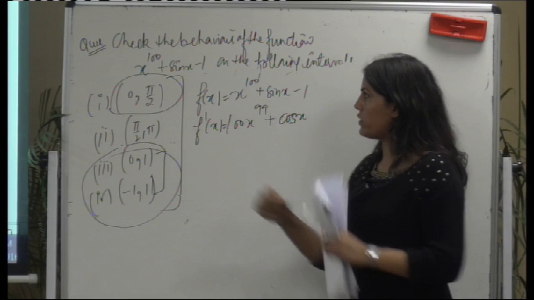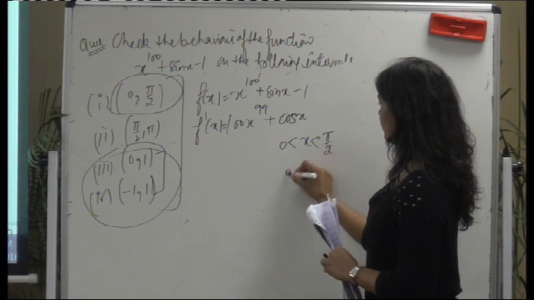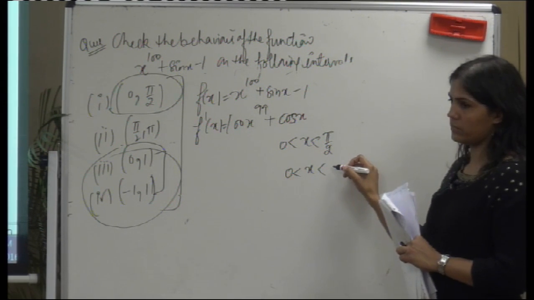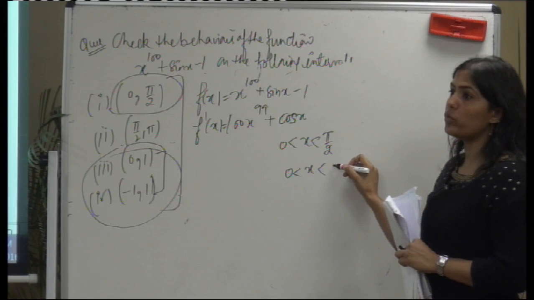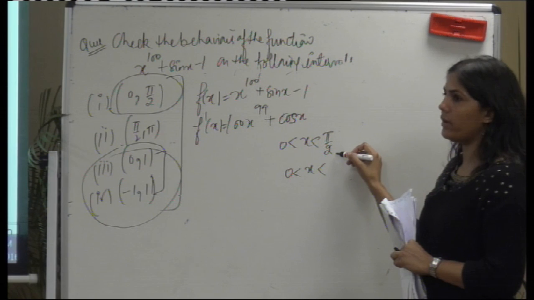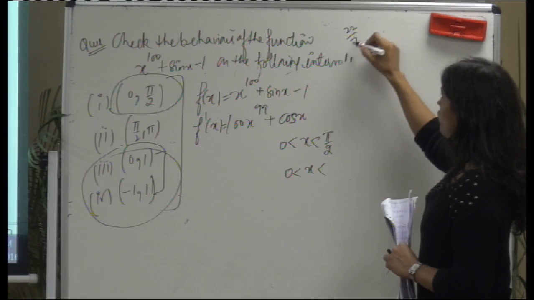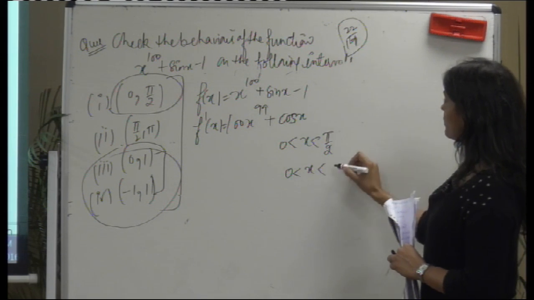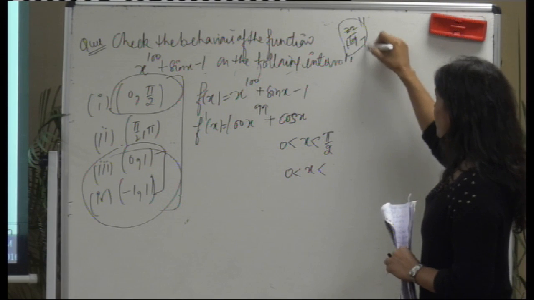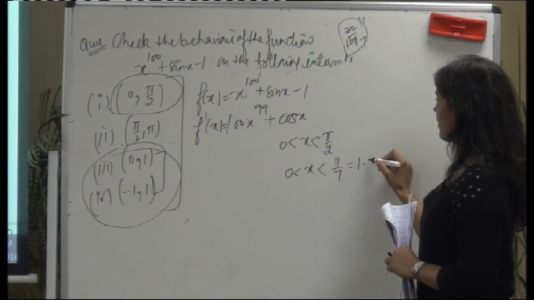The x value is lying between... pi by 2 is how much? 22 by 7, so pi by 2 is 11 by 7, about 1.5.